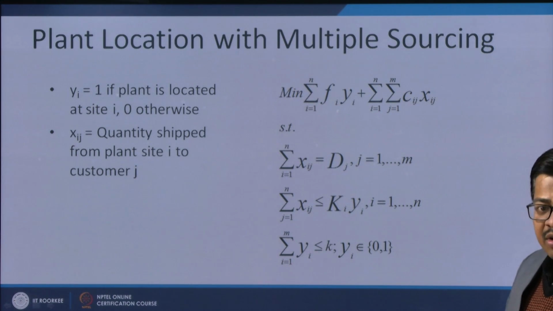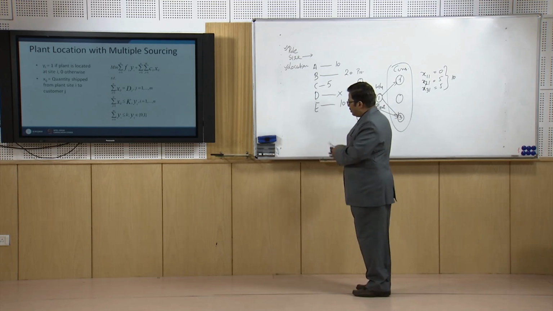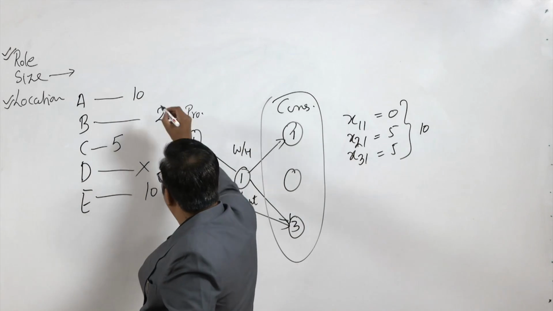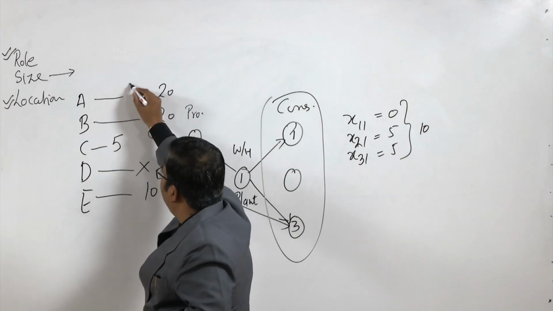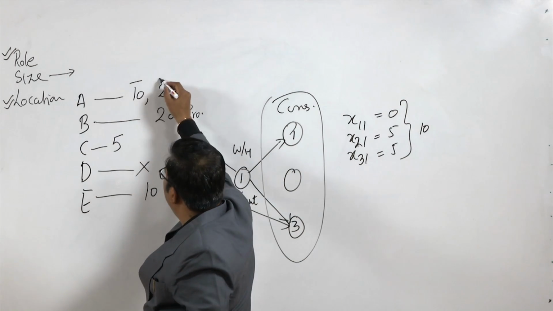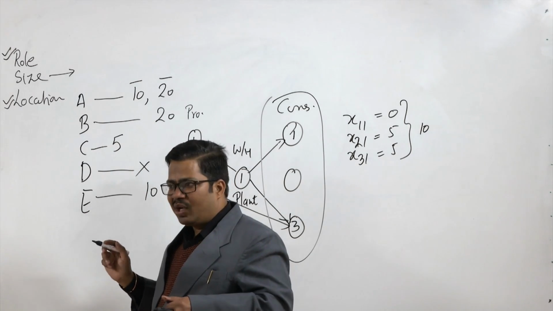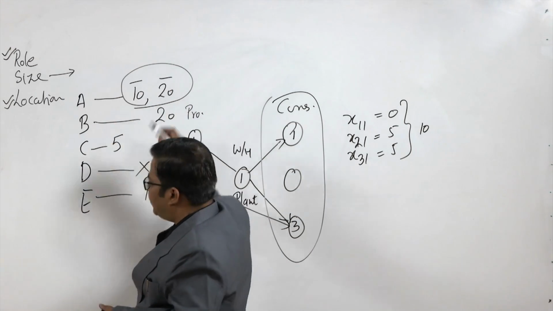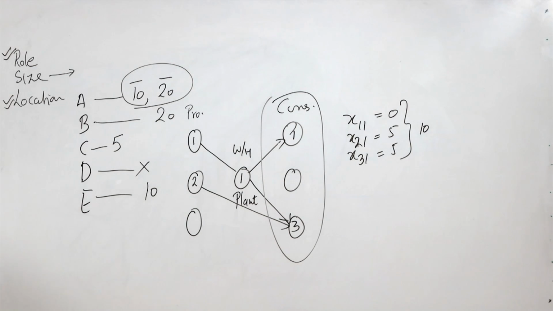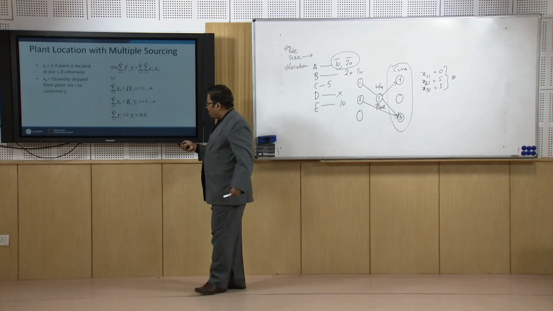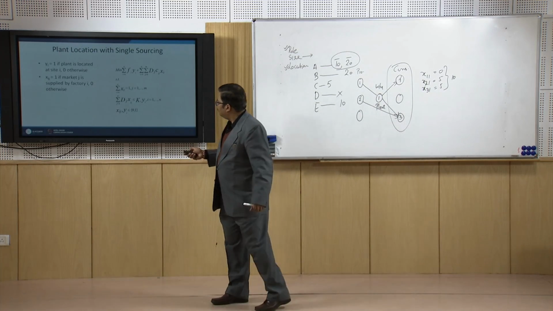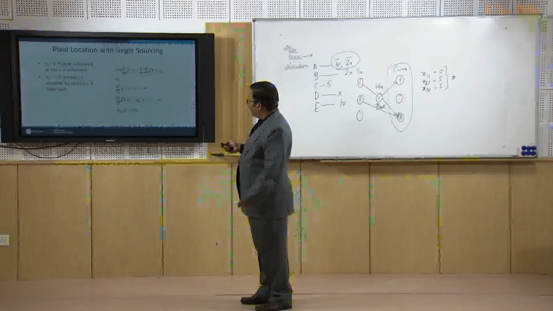Therefore, if at a particular location I want to conceive two types of plant, one of a smaller capacity and another of a large capacity, I will only open one particular plant at this location. To take care of this aspect, this third constraint is added. And after this we can think of developing a model.